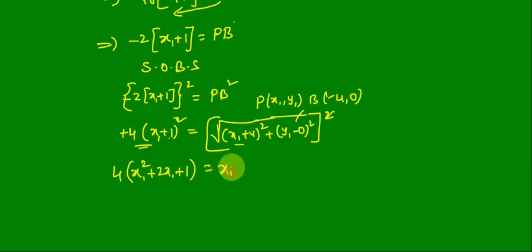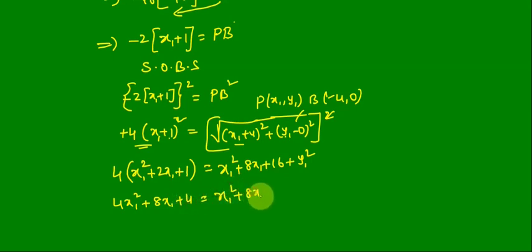We will expand this: x1² plus 2 4s are 8x1 plus 4² is 16, plus this y1 minus 0 is y1². Okay, now when I multiply this, this will become 4x1² plus 4 2s are 8x1 plus 4 1s are 4. Right hand side: x1² plus 8x1 plus 16 plus y1².